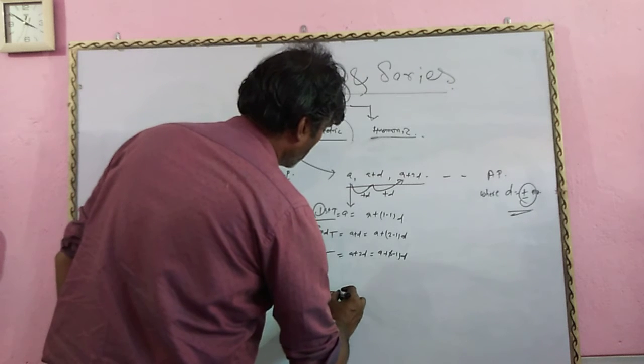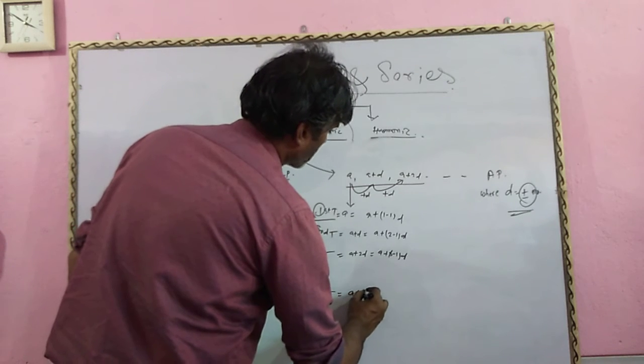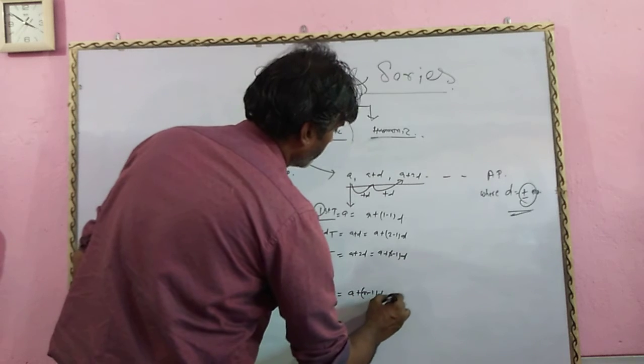The nth term will be A plus (n minus 1) into D.